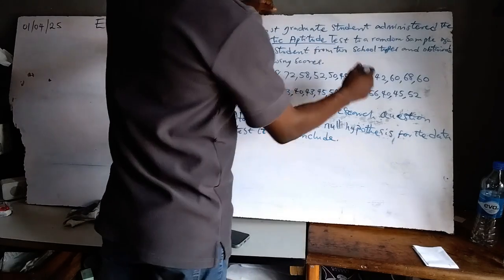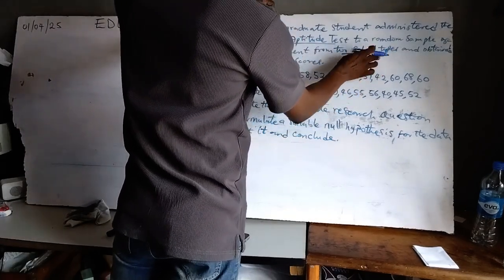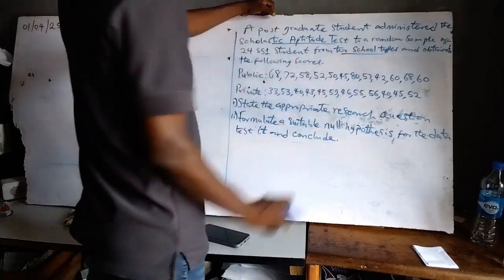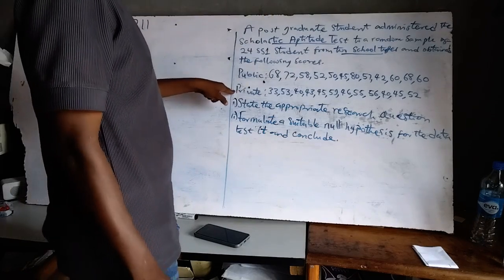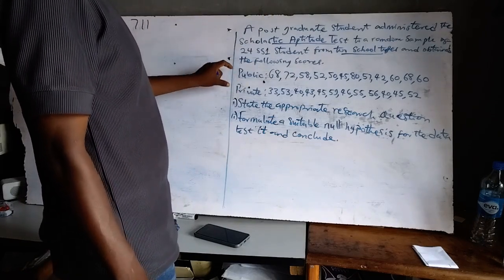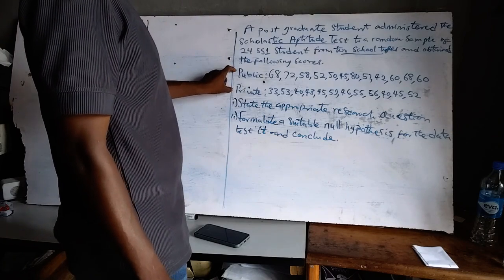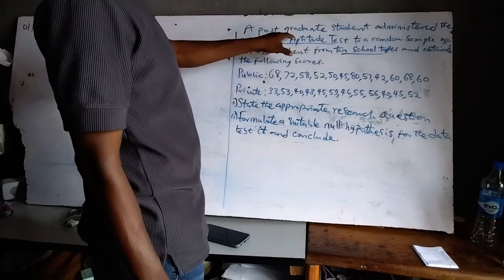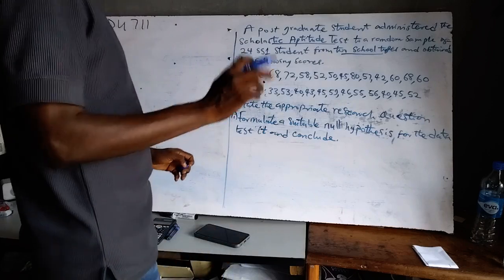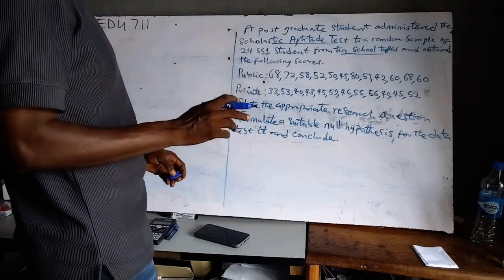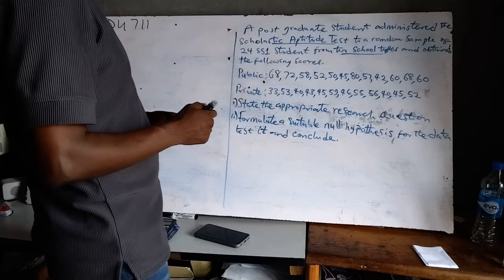So this from 2 school types shows that you have 2 groups here, and that is why you have public and private. So here, it means we have 2 groups and 1 test. And that is what? T-test. So take note of that. That is surely going to be T-test.